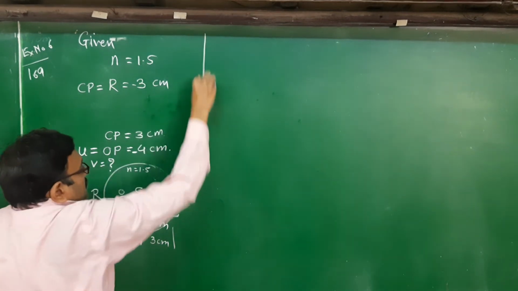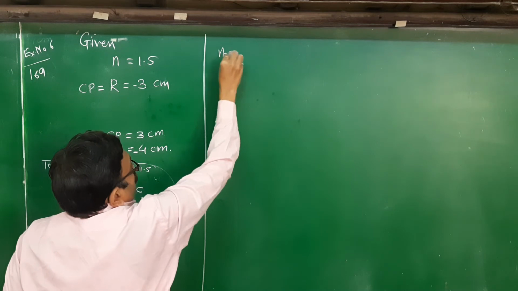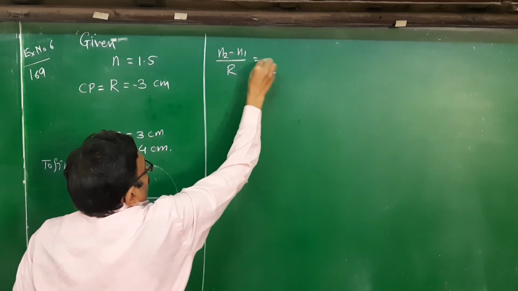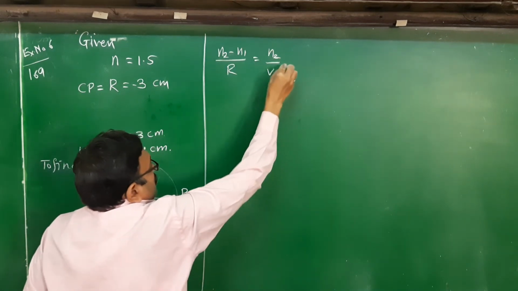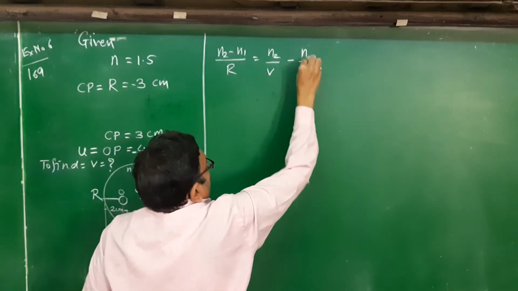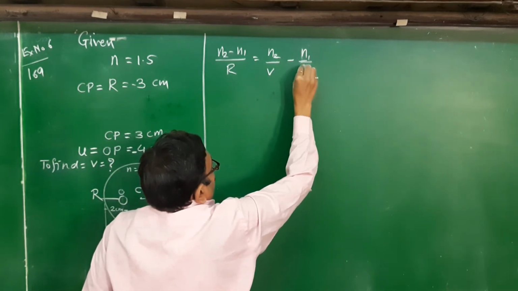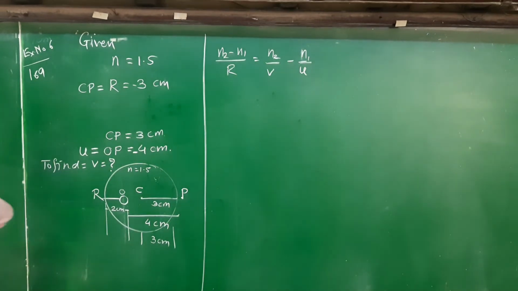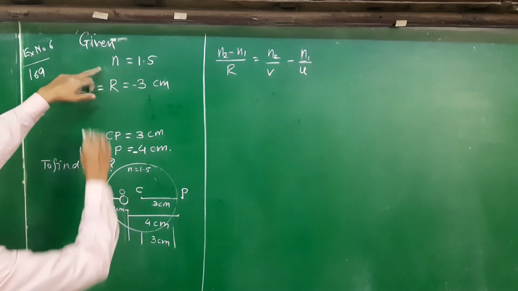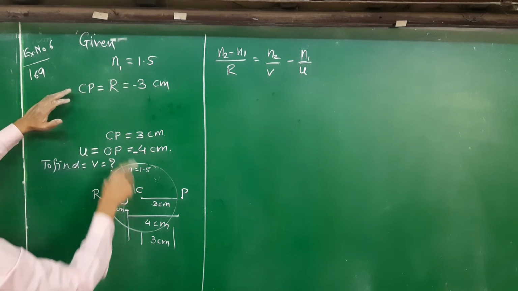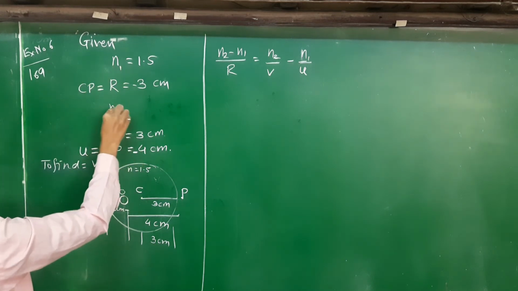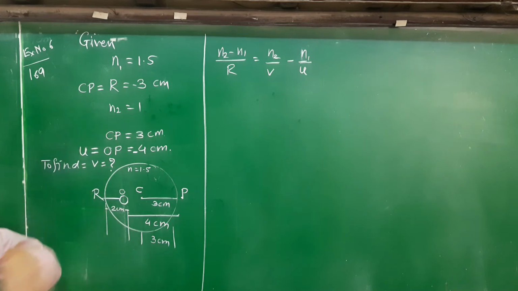Now we solve this using the formula n2 minus n1 upon R equals n2 upon v minus n1 upon u. Here the object is in the first medium, n1, and we take n2 equal to 1. Now we substitute all these values in this equation.